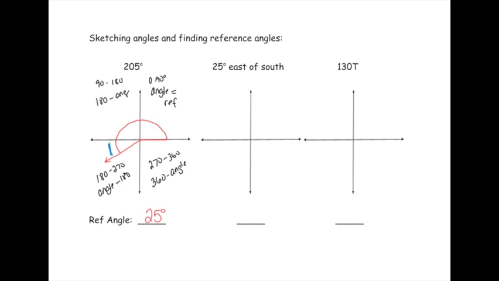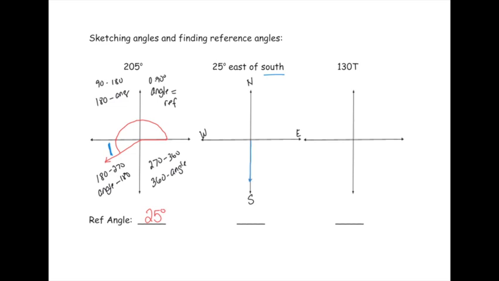25 degrees east of south. All right, so first of all, you must know north, south, east, and west. The part after the "of" is your starting point. So south is where I'm going to start. I'm going to start south here.